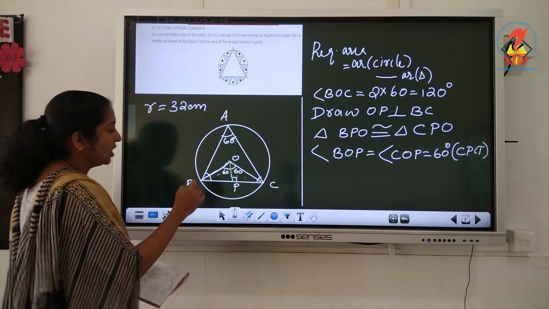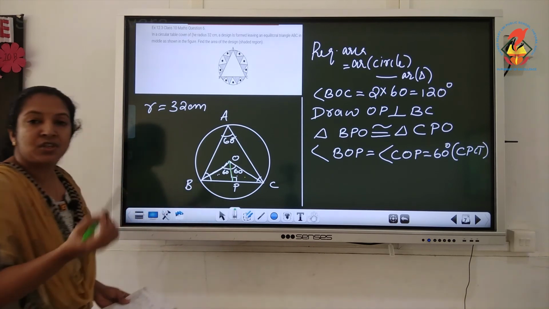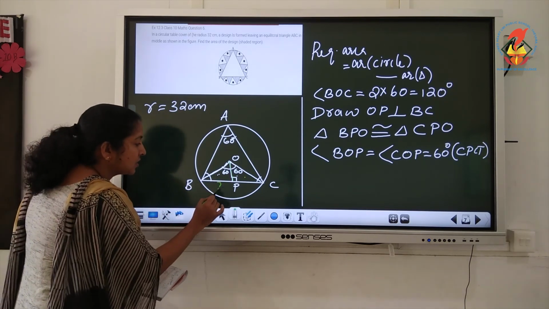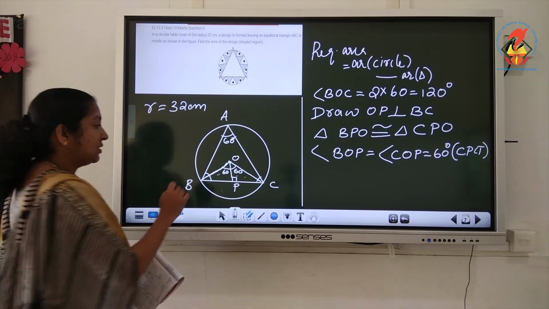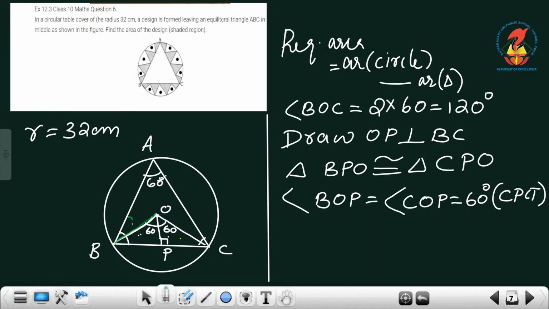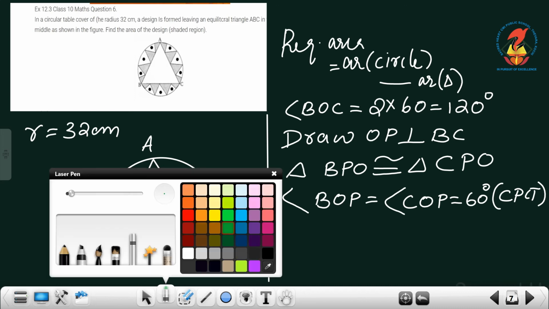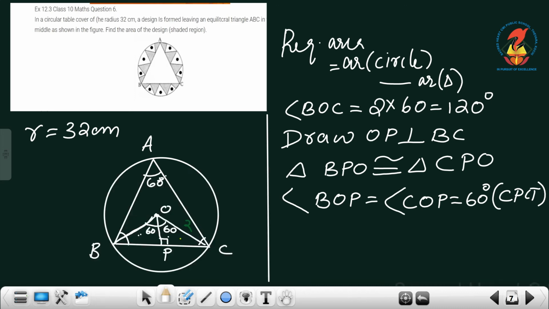We can use sin 60 because we need this. What is this actually? These two are 32 centimeter, because that is the radius of the circle. This is 32 and this is 32. So, we can use sin 60.